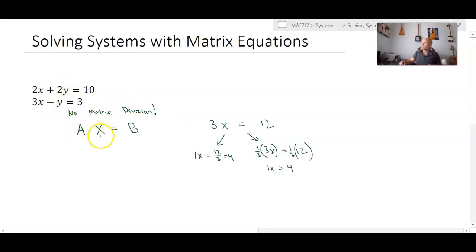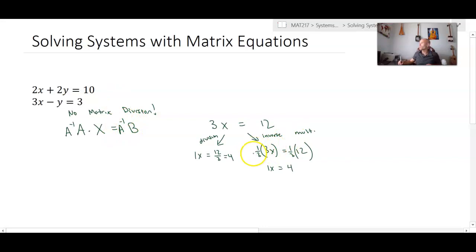So when I'm dealing with matrices, if I use the inverse multiplication as opposed to the division approach, then I could take the matrix A and multiply both sides by its inverse. Notice that we kept A inverse on the left of the right side. In other words, if we multiply by A inverse on the left of the left side, then we must also multiply by A inverse on the left of the right side.